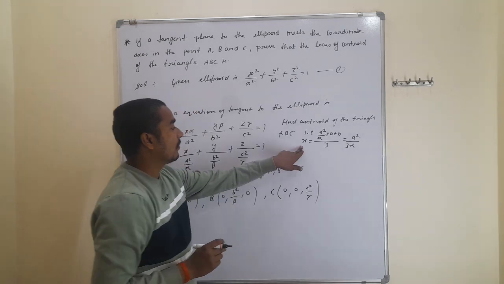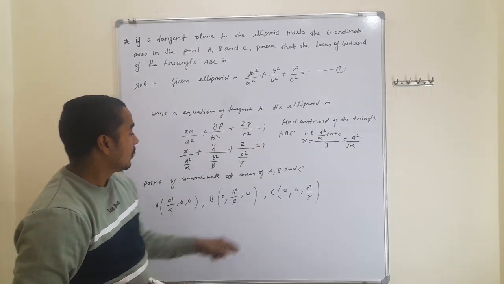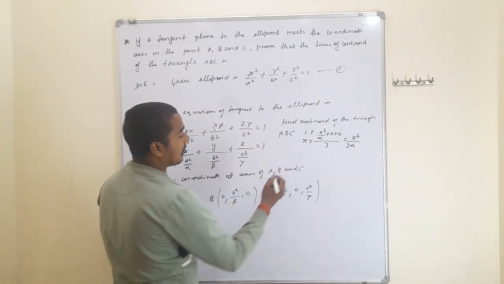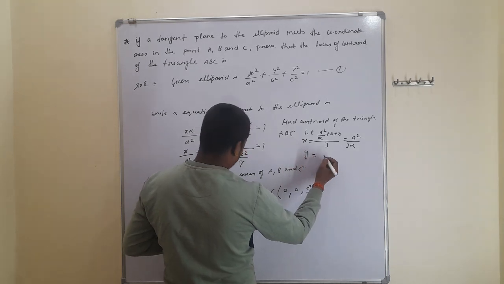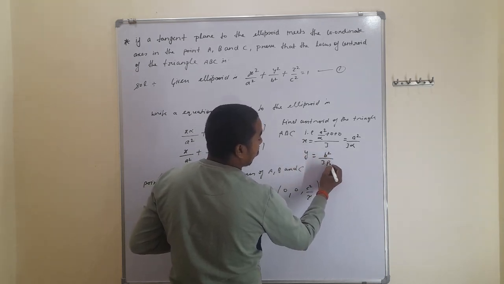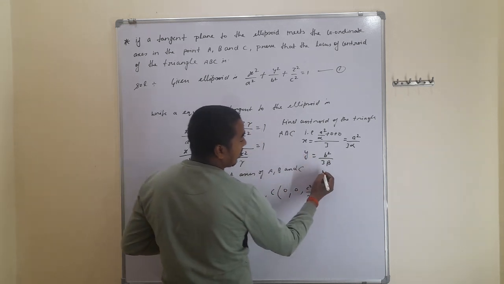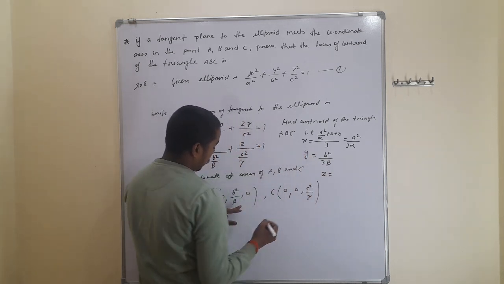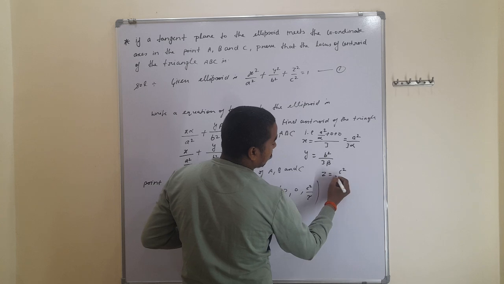This is the value for the x axis. Similarly, for y, that is b square upon 3 beta, and for z, that is c square upon 3 gamma.